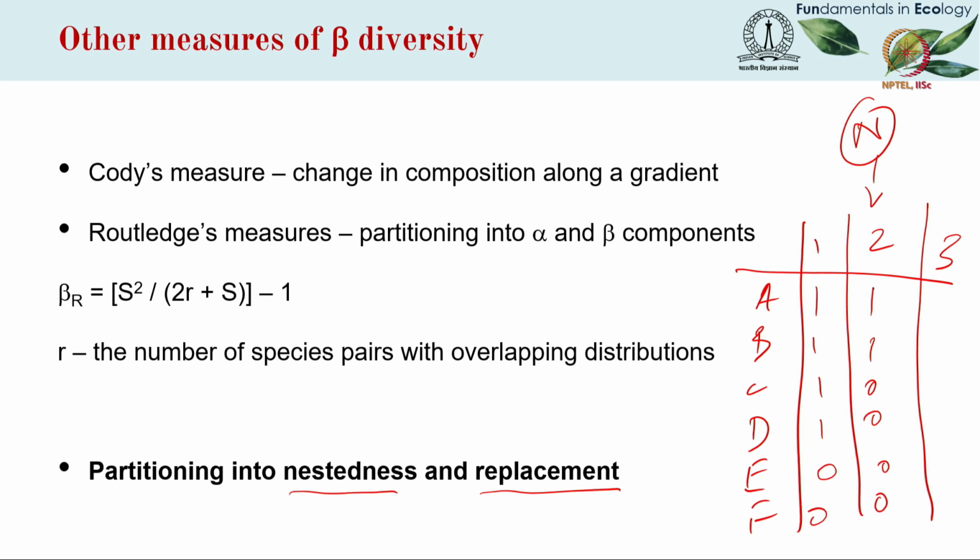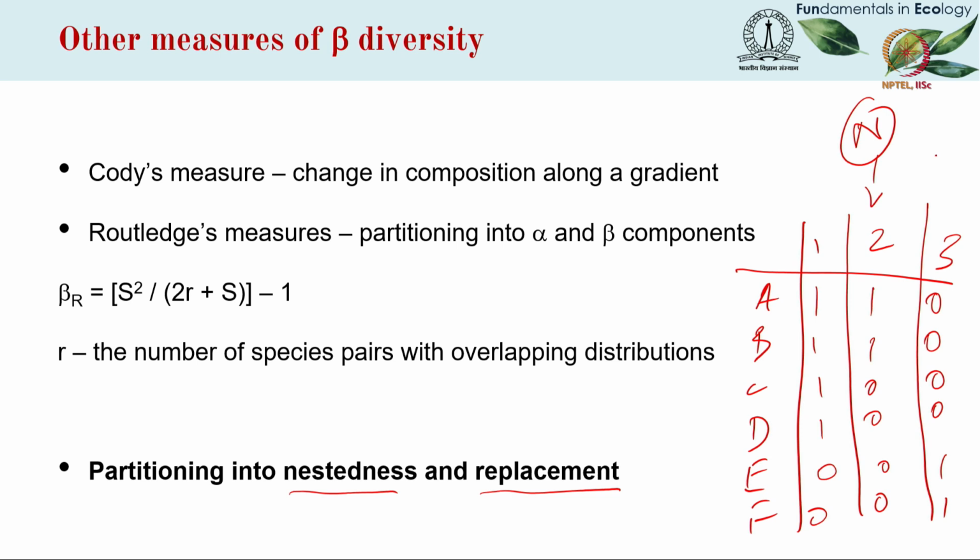Now, on the other hand, I can have beta diversity come about as follows. Area 3 has species E and F, which area 1 does not, but doesn't have the species that area 1 does. And this comparison of 1 and 3, or in fact of 2 and 3, is that some species have been replaced by others.